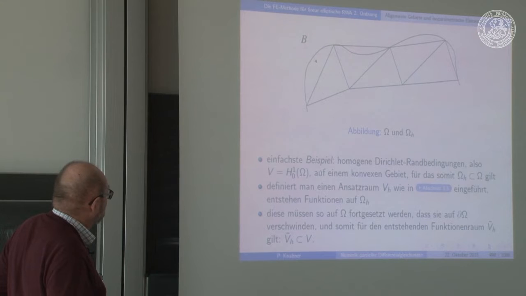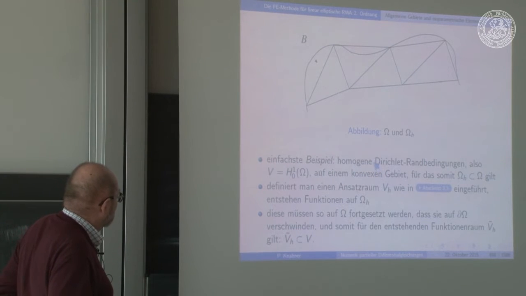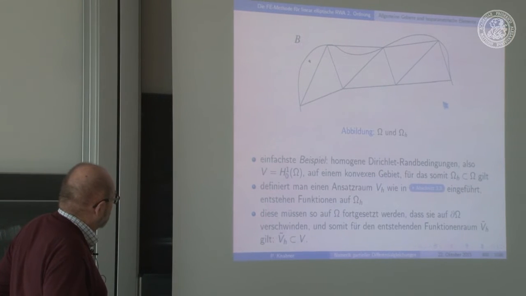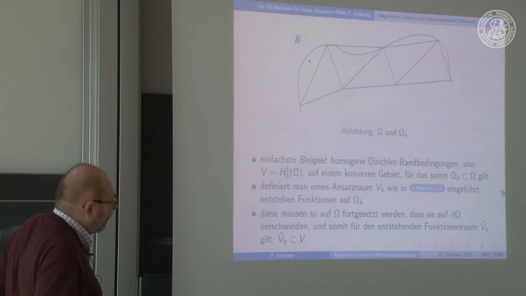We look at the simplest example, homogeneous Dirichlet boundary conditions. And this is our ansatz space, and let's assume that our domain is convex. So the situation is always as in this part of the domain. So omega h is then a subset of omega, which is good.